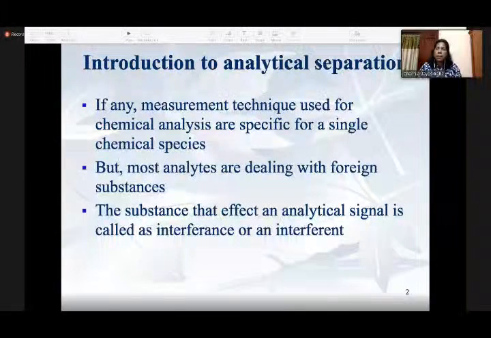How we can separate or remove the interference from the analysis is very important.